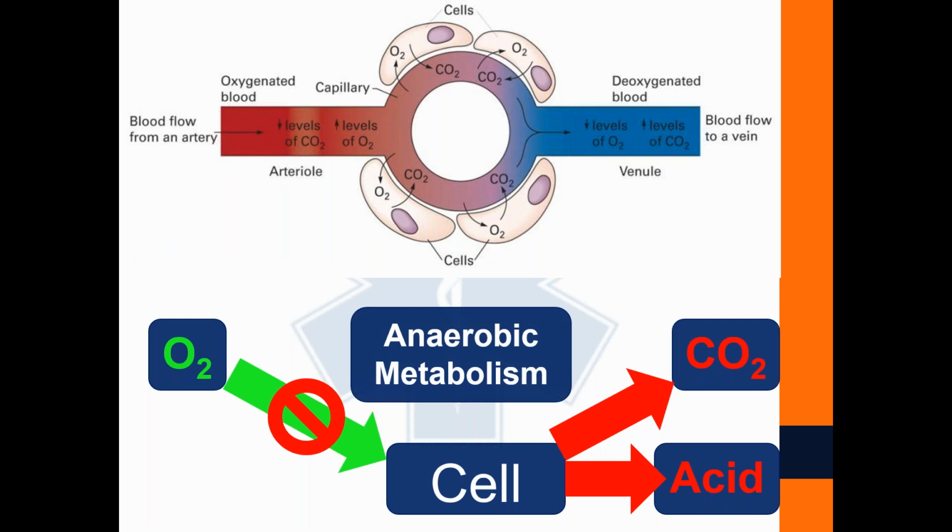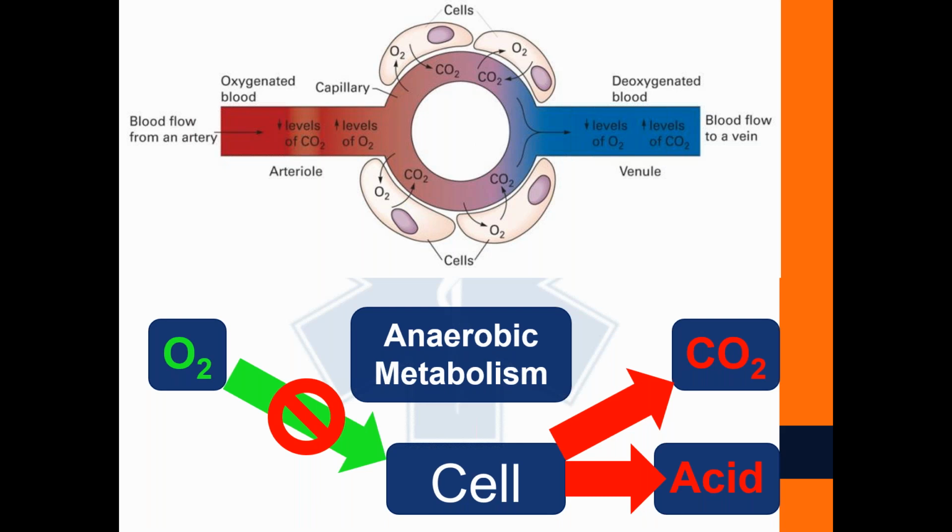When the body switches to one of its failover mechanisms called anaerobic metabolism: anytime in medical terminology we see the letter A or AN in front of something, it means lack of. So apnea means lack of breathing. Arrest, or cardiac arrest, means the heart's not beating.